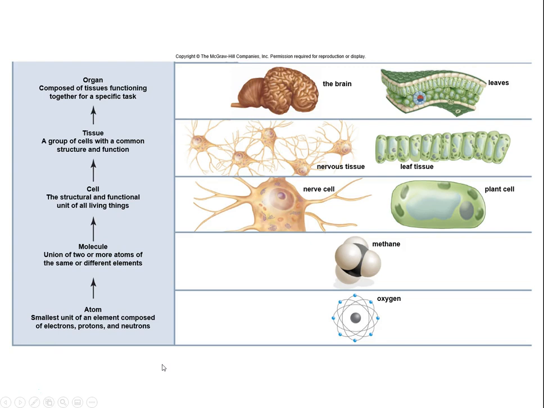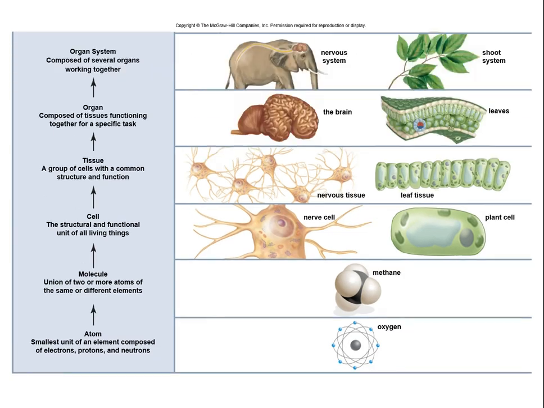So we're moving from tissues to organs, and giving an example of the brain, again, I'm sure you can think of 5 other organs in your mind right now. This is actually showing you here, these plant cells together are forming leaf tissue. And then obviously the leaf tissue is going to make up leaves, which you can think of as an organ in plants. And then next up, we're going to talk about organ systems.